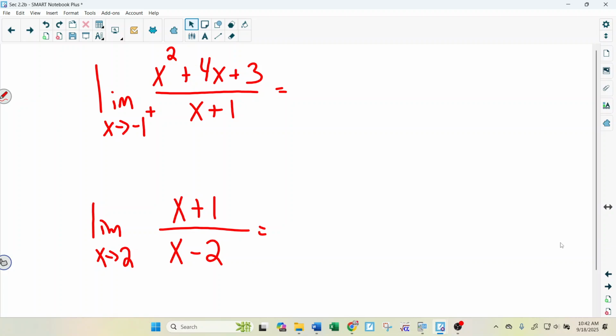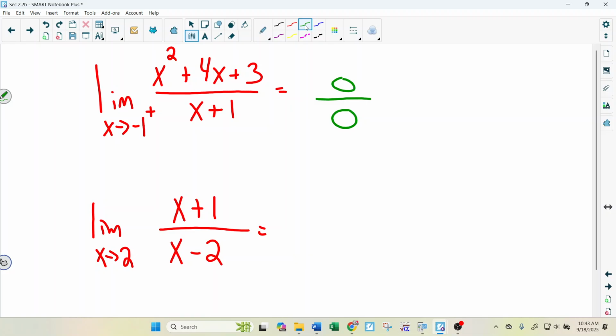All right, so what do you think about the first one? Tell me your thoughts. Didn't like it. Why? Wasn't easy. What happens when you put in -1? Bottom goes 0. What about the top? -1. You get 0. This is 0 over 0.